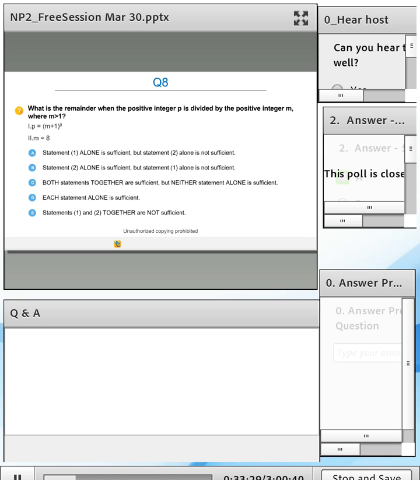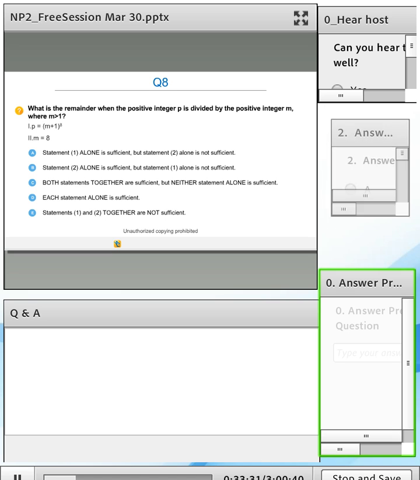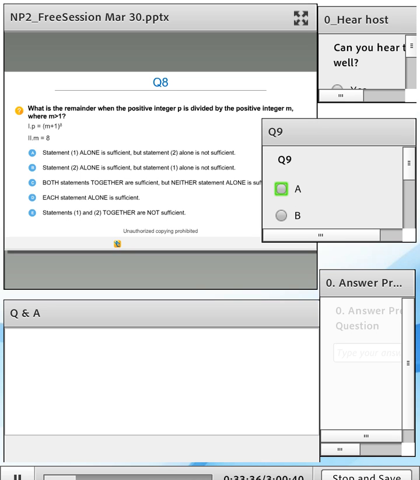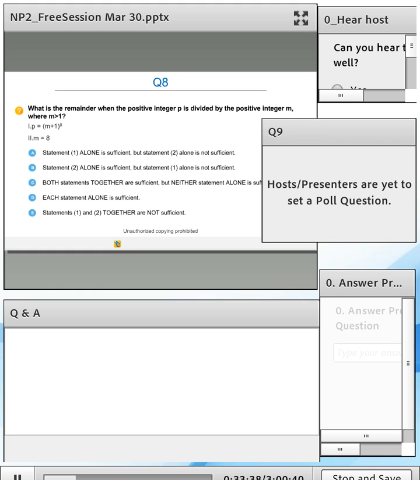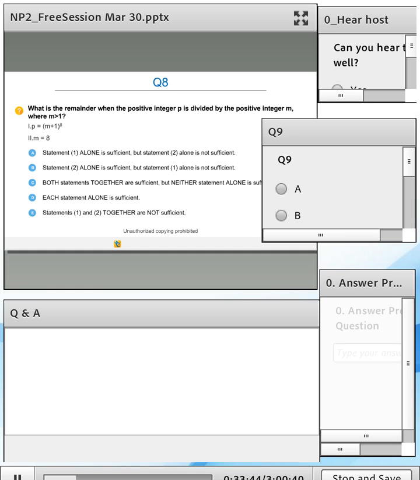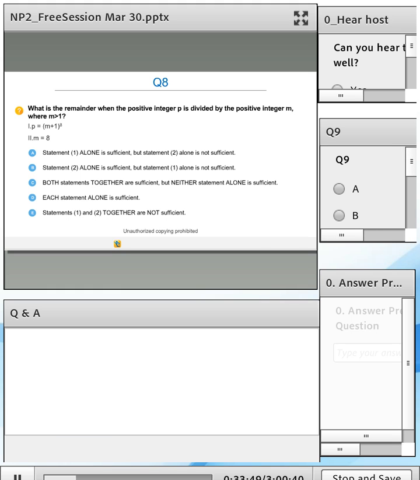All right. Can you please click on still solving here? And then I'll show you the next question, question number 9. Let's get that number up to about 60.